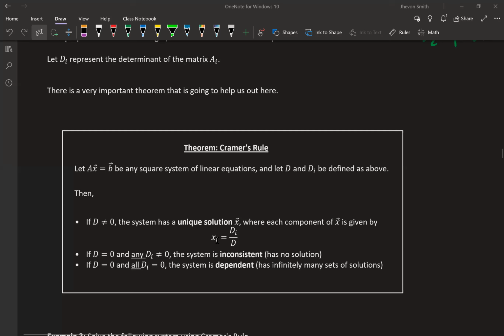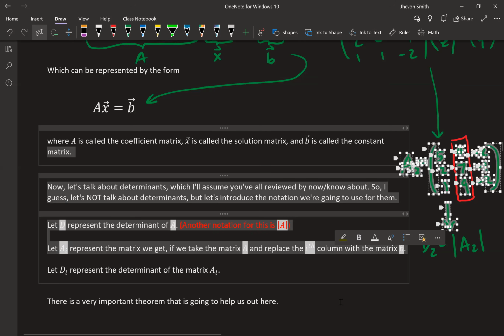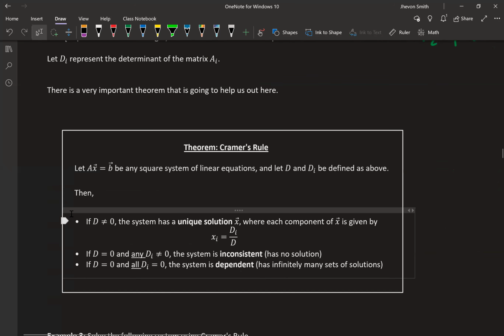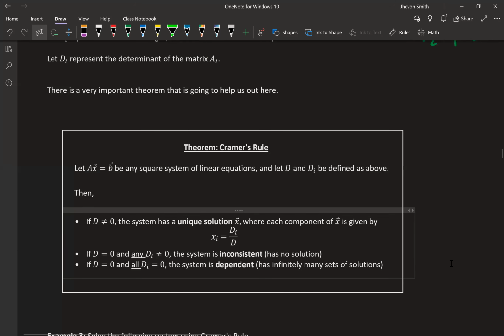Each x_i is going to be given by D_i divided by D. So my x1 is going to be D1 divided by D. My x2 is going to be D2 divided by D. My x3 is going to be D3 divided by D, etc. Where the D's are defined like I showed you up here, right? So if the determinant of the coefficient matrix is not 0, we will have a unique solution. And I know exactly how to find that solution, in fact.